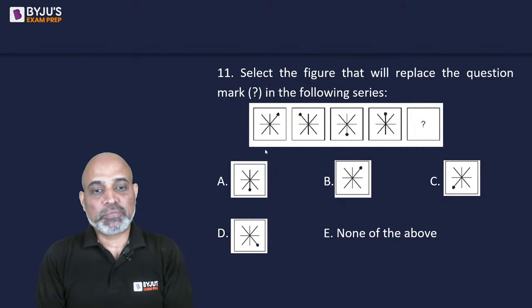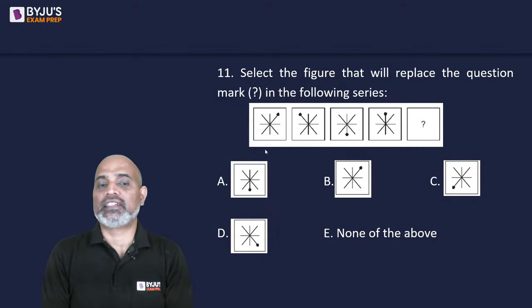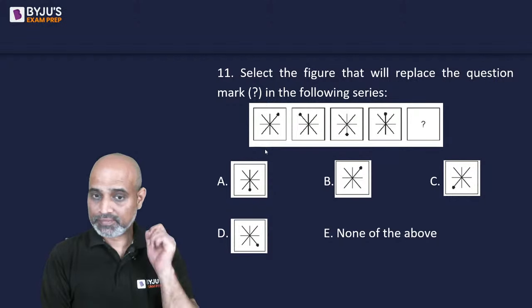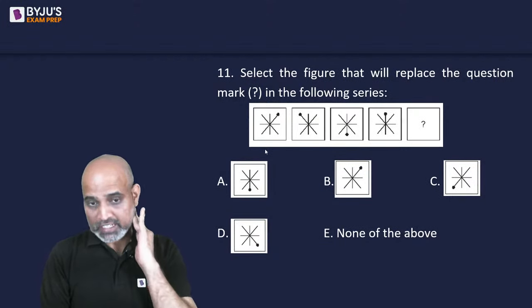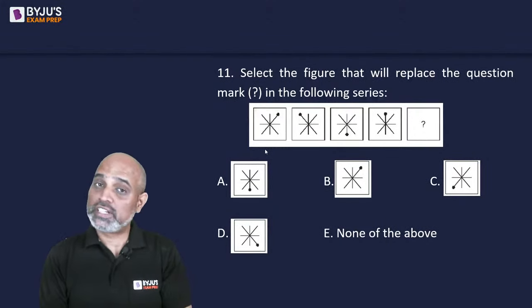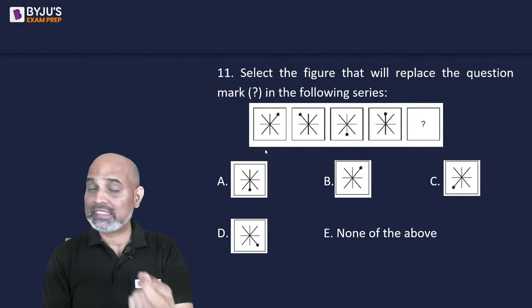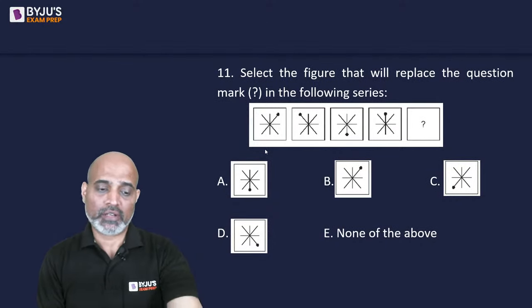Select the figure that will replace the question mark in the following series. So there are three straight lines where one of the straight lines has got a tip, like a pin or let's say matchstick point, right?